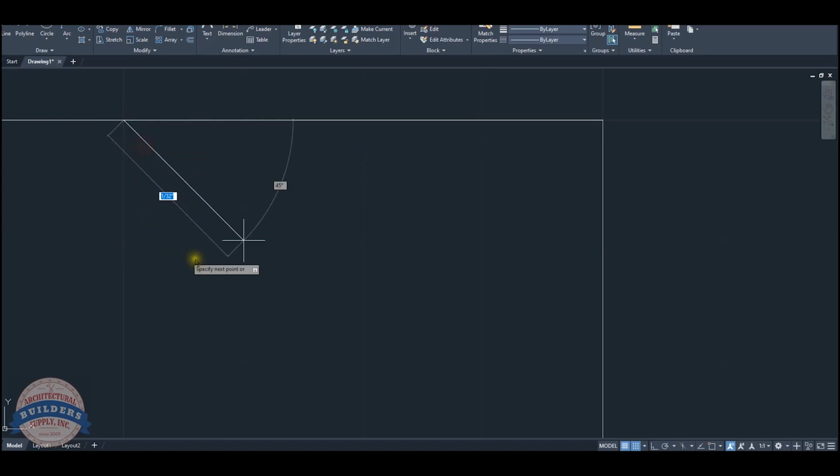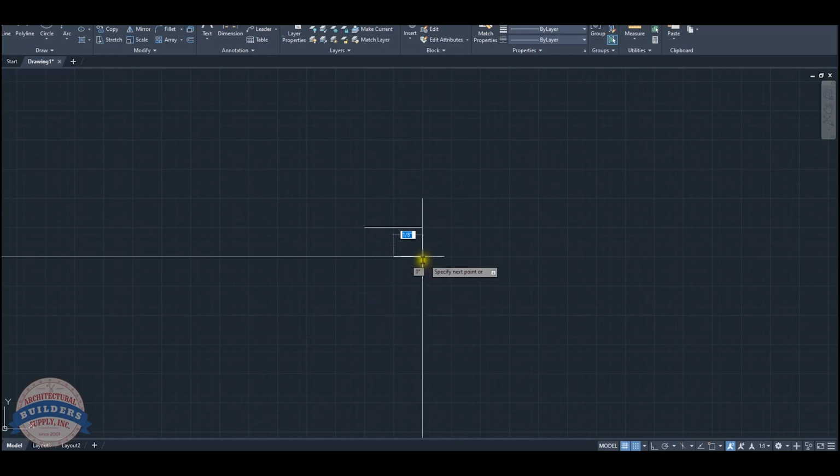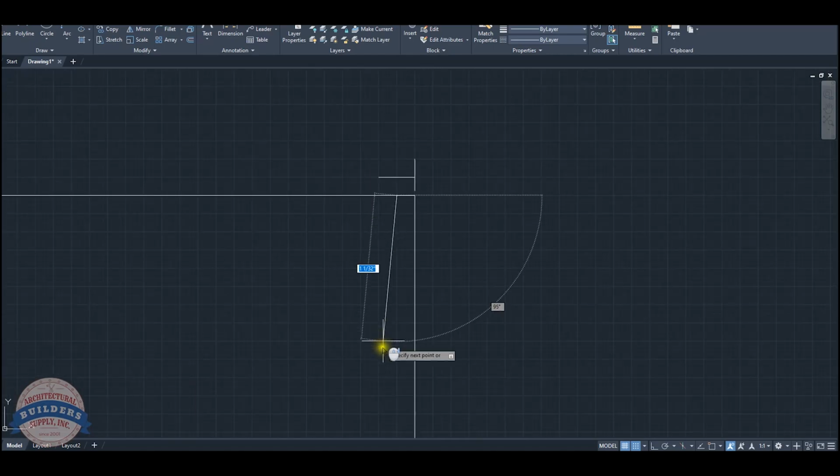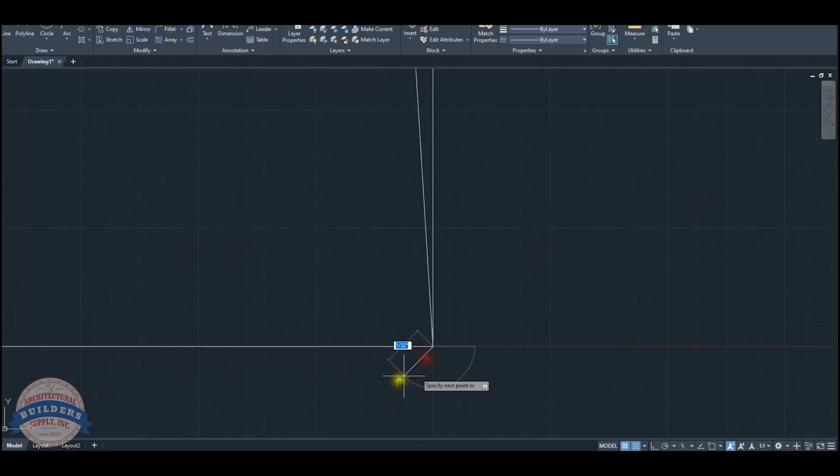So actually, let's do that a little bit better. So line, we're going to go over 1/8 at 180, and then we're just going to come down. Actually, we won't come down. This dimension is 1/8 of an inch. We can see that. Let's go down to that corner, right to there.